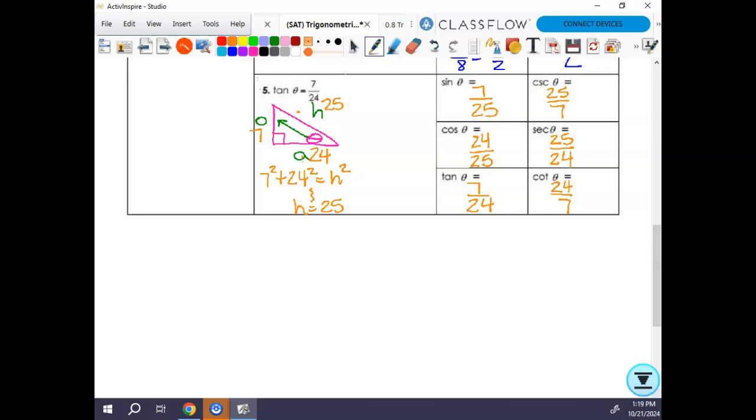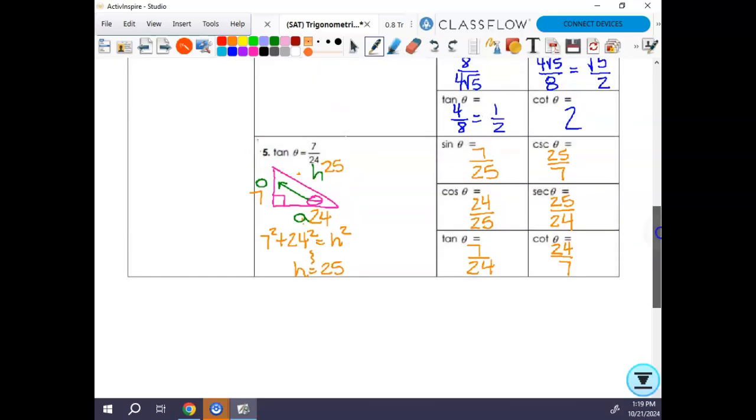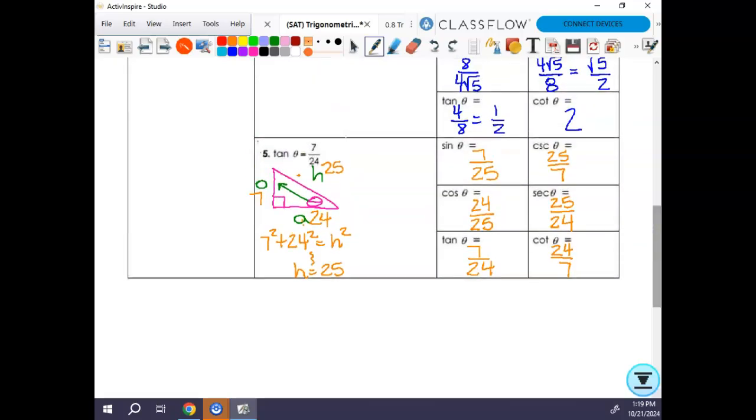Because I copied these before I was 100% sure which examples I wanted to do, we're going to make some stuff fit in here, some other things I thought about along the way that I want to talk about. So right here, let's draw another triangle. And we're just going to label it with the same numbers, 7, 24, 25.